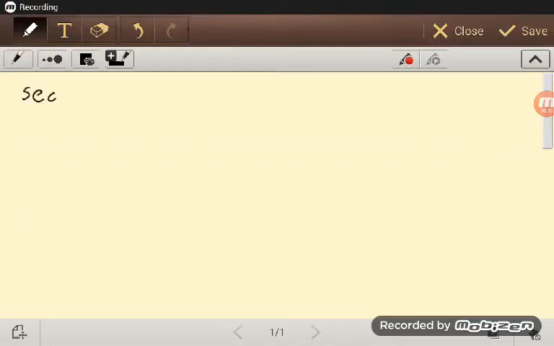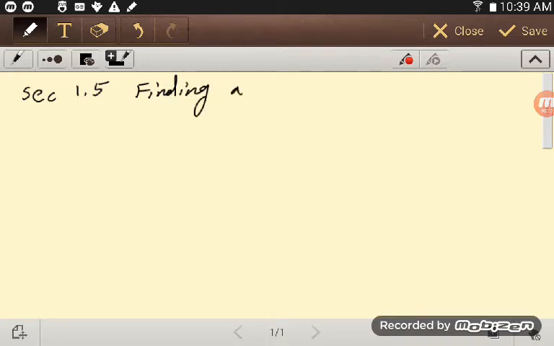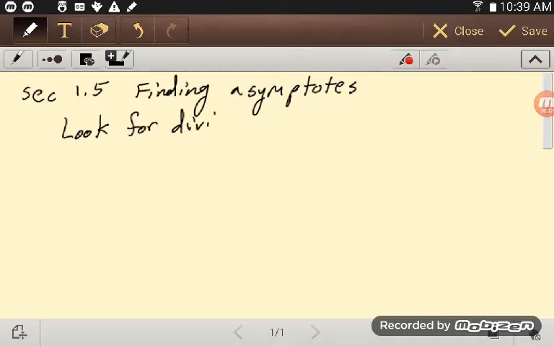Still in section 1.5, finding asymptotes. Now we looked at that graphically, but algebraically, for the most part, what we're looking for is division by 0.